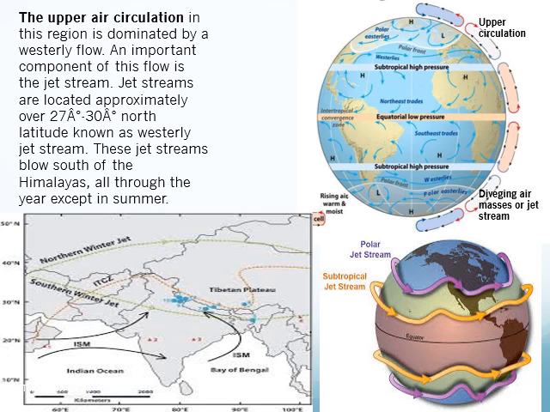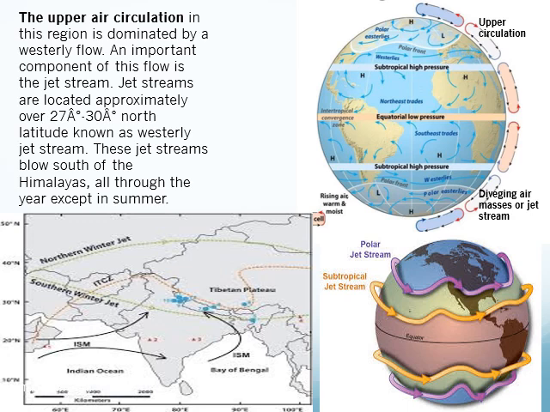If we see the map, this 27 to 30 degrees falls near the Himalayas, because the end of our latitude on the upper part, the Jammu and Kashmir side, is 37 degrees 8 minutes. So these jet streams fall on the latitudes of 27 to 30 degrees, which is nothing but where we have the Himalayas.